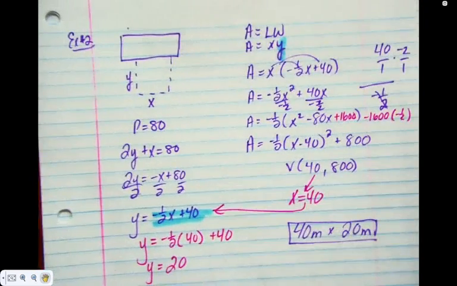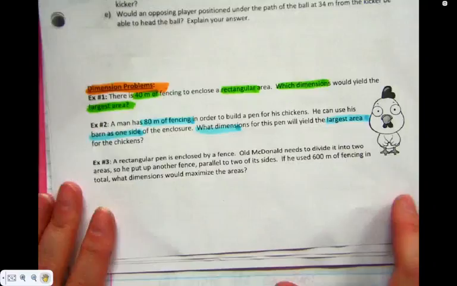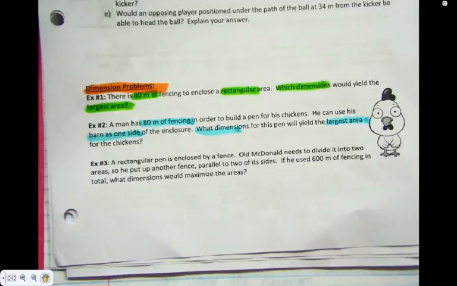Number 3, read to read. Lots of words in this one. What's important?